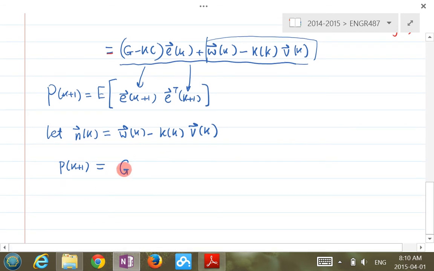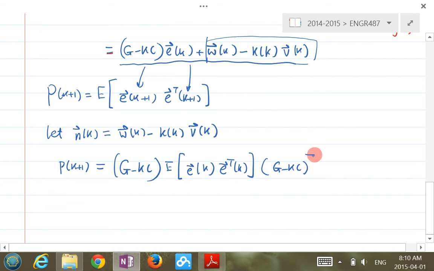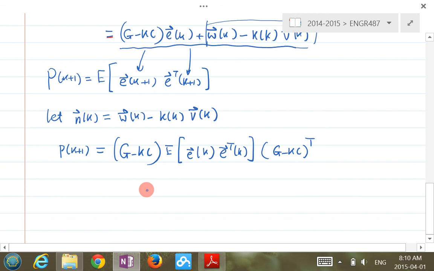So g minus kc, expected value e of k e transpose of k, then g minus kc transpose. This is the first term. The second term is g minus kc times e of k n transpose of k.